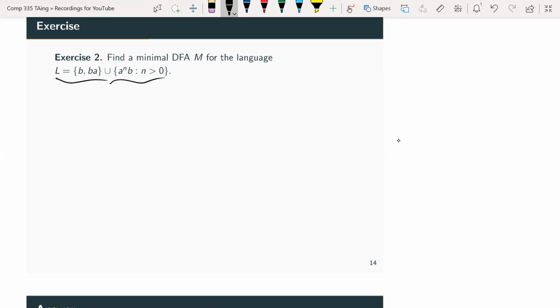So what we need to do here is, the first thing we need to do is find a DFA M such that L of M, the language accepted by M, is L. And the second thing we need to do is minimize M, using the state reduction algorithm.